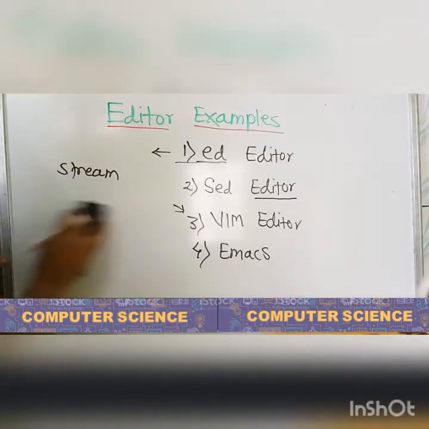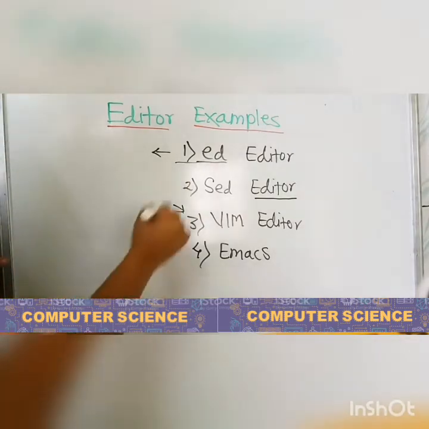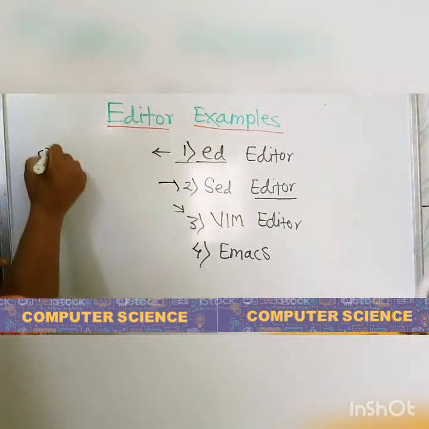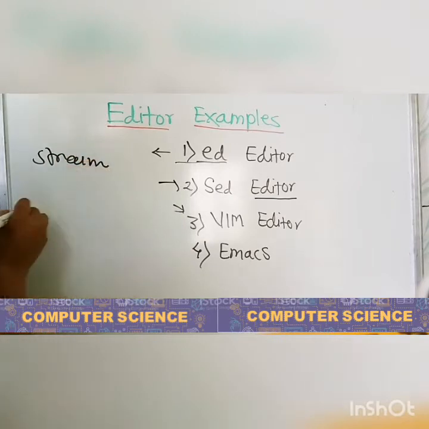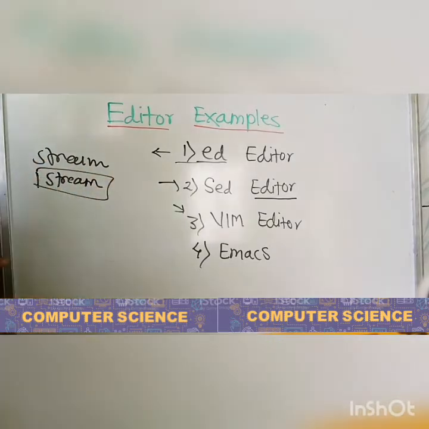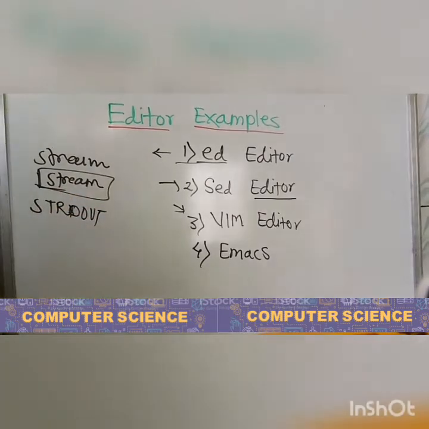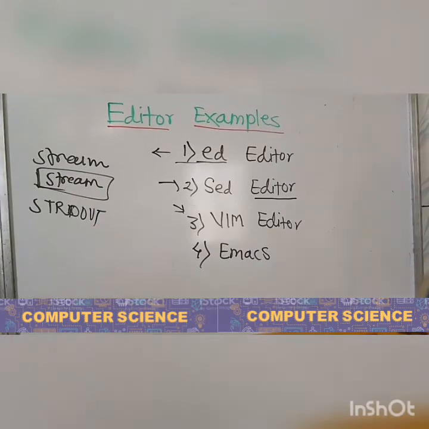Taking a snapshot or a small overview, we will say that the SED editor is the stream editor and it accepts the data or commands in the form of a stream. It will make the changes and display them on STDOUT, means standard output stream.